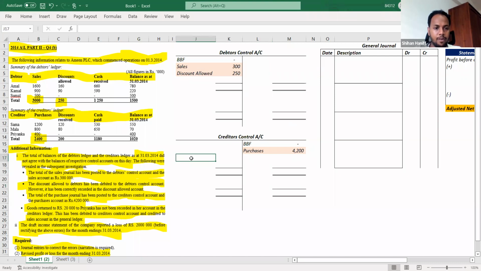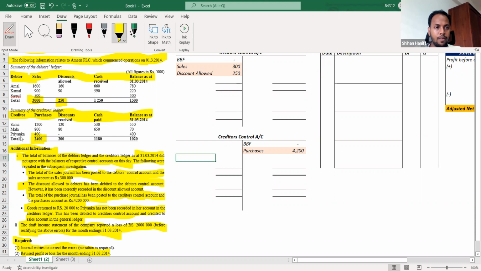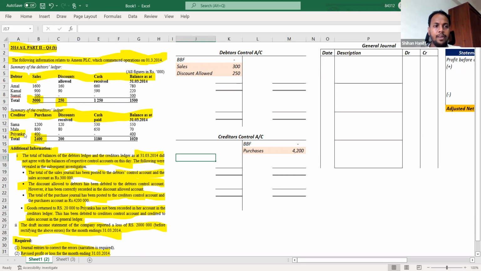Here they have taken return outwards. So let's see here, Priyanka. She is a creditor, right? So it is not being recorded. Here there is no return. Then it is debited in the creditors control account.